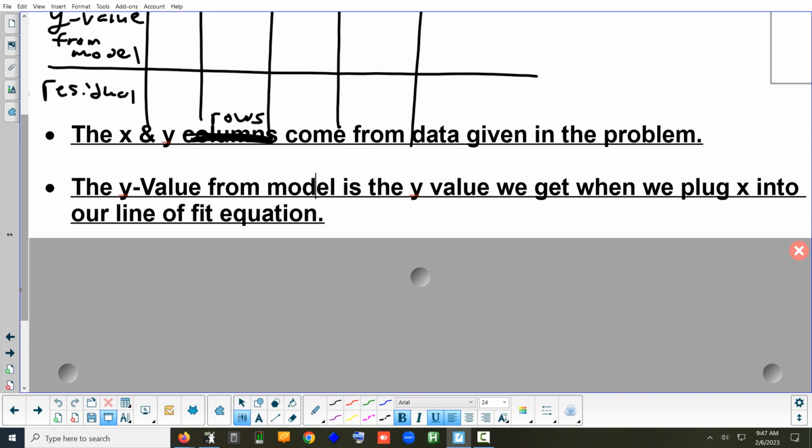So x and y rows come from the data in the problem. The y value from the model is a calculation you have to do by plugging into a formula that I think most of the time they're going to give you.